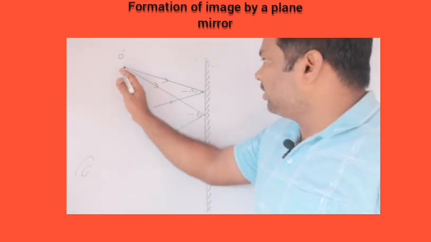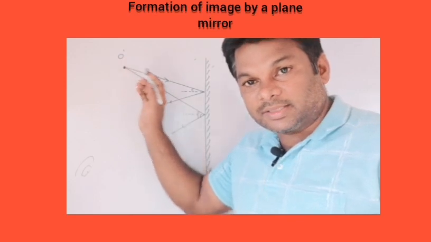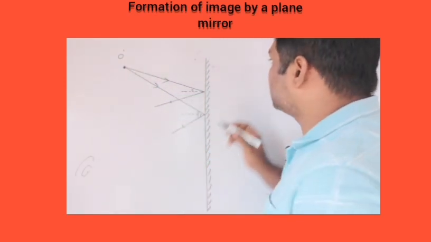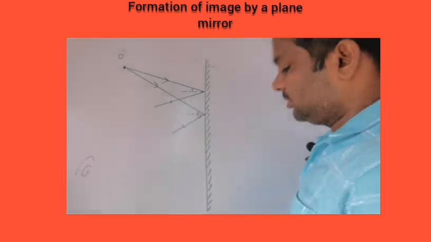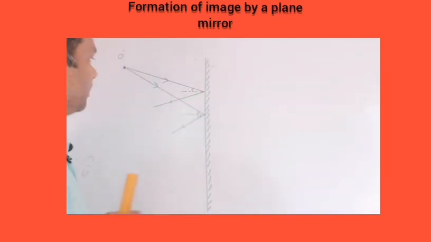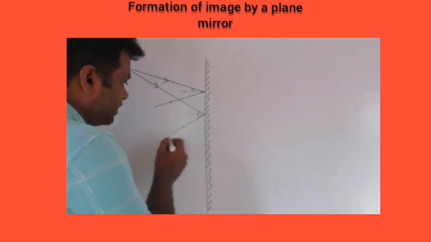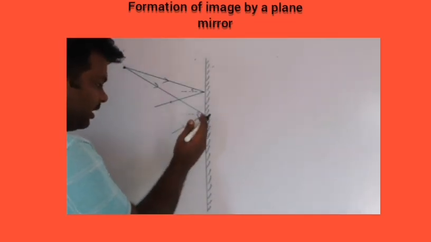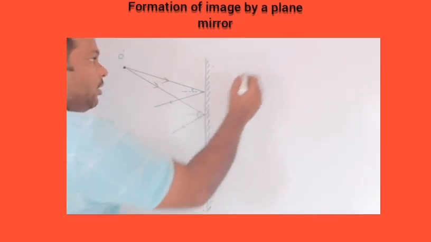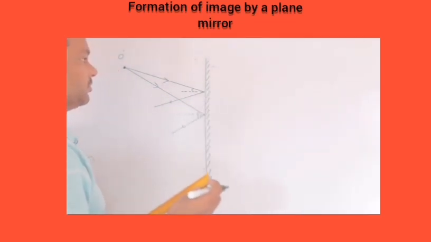The image of this object seems to be inside the mirror, that is here almost. How are you getting this image? Because the reflected rays are moving at the reflecting surface itself, but how are you getting the image?